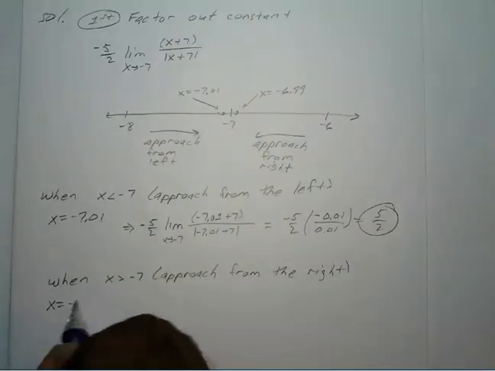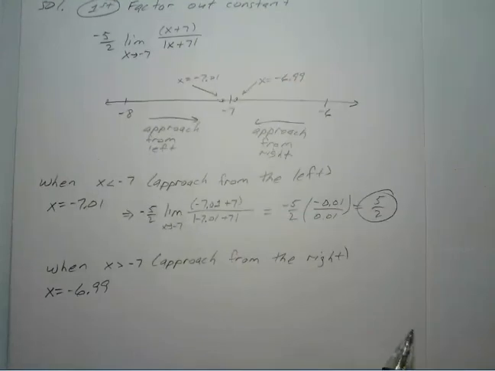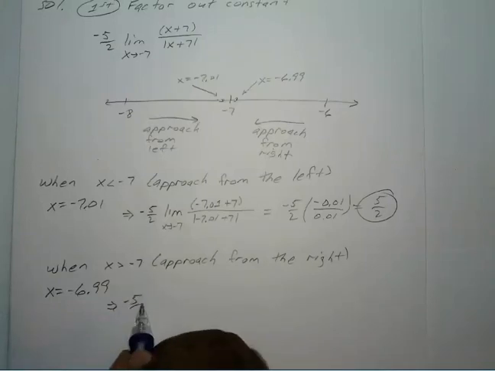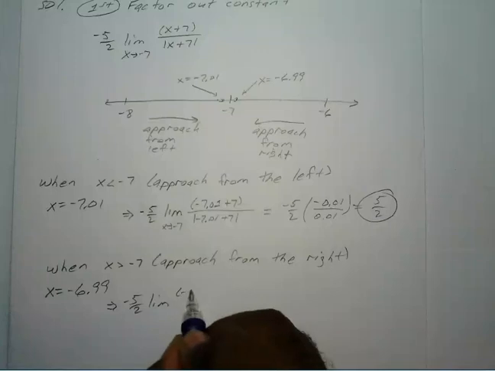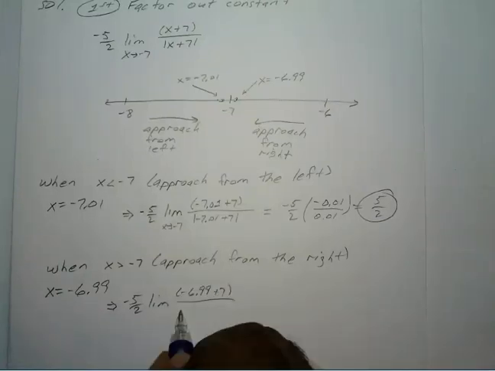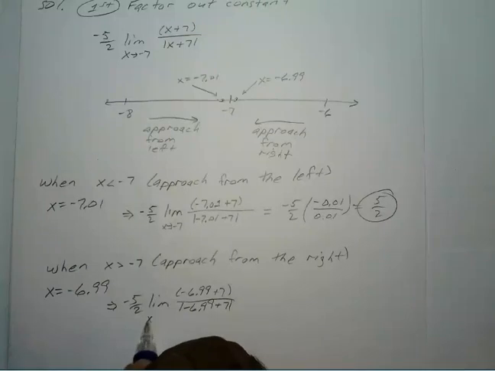So x equals negative 6.99. Just like up here, we're going to go ahead and plug it in. So we have negative 5 over 2 times the limit of negative 6.99 plus 7 over the absolute value of negative 6.99 plus 7 as x approaches negative 7.